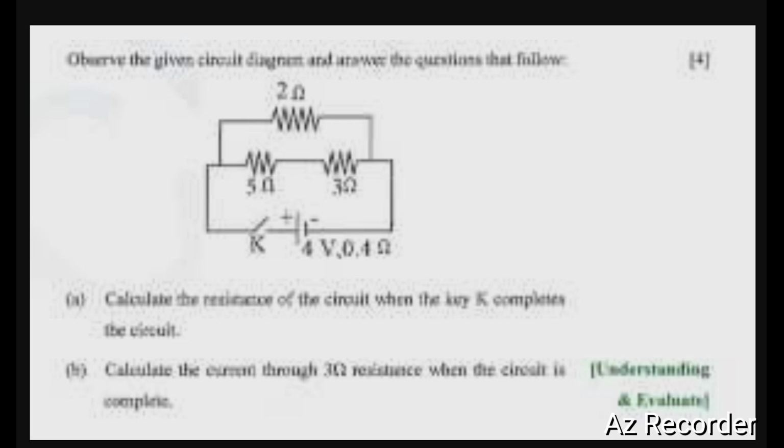Now we need to calculate the current passing through the 3 ohm resistance when the circuit is complete. We know that this 2 ohm and this 5 and 3 ohm form a parallel connection. So the current through them is different, but the voltage across them will be the same. That is, the voltage across the 2 ohm resistance will be equal to the sum of the voltage across 5 ohm and 3 ohm.